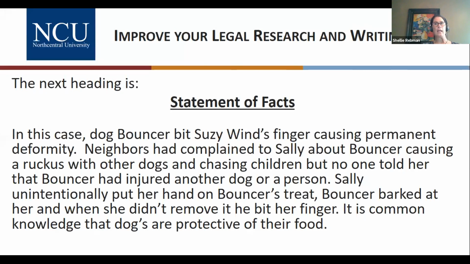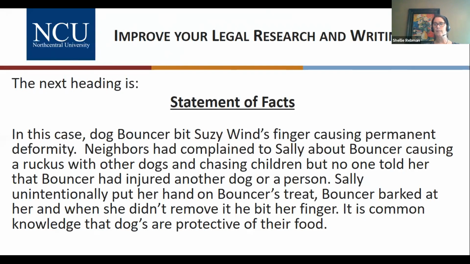This just helps engage your audience from the beginning. You do not ever include argument in your statement of facts. It's just the objective facts that have been proven. You also want to avoid adjectives or adverbs or other embellishments. They're just frowned upon in the legal community.